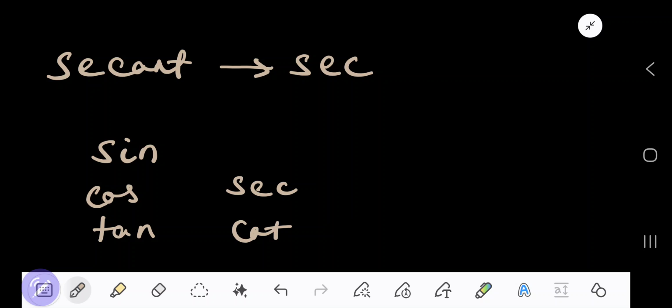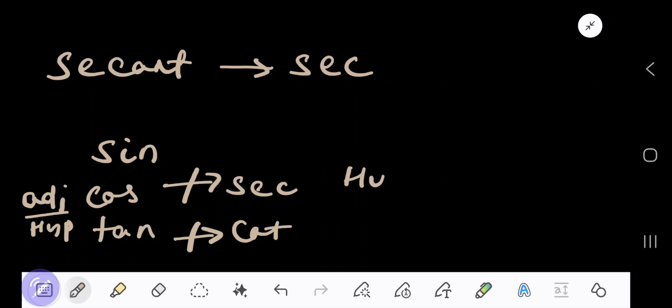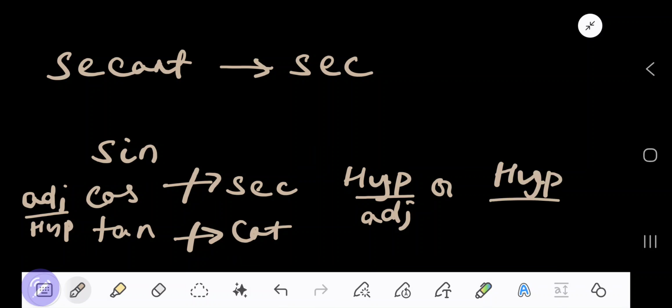So secant is the opposite of cosine. If you remember, cosine was adjacent by hypotenuse, so secant is just hypotenuse by adjacent, or you can say hypotenuse by base.